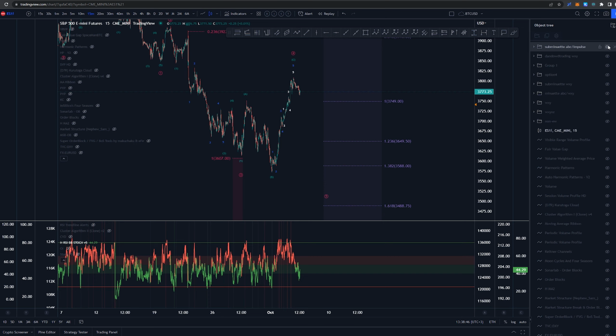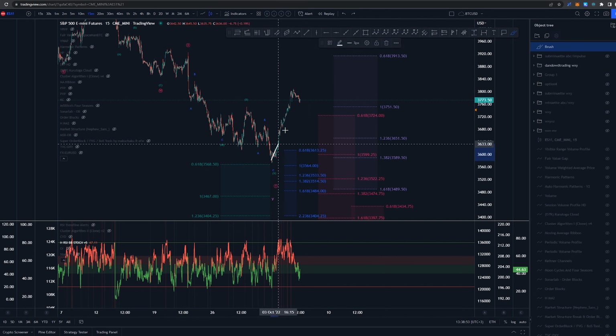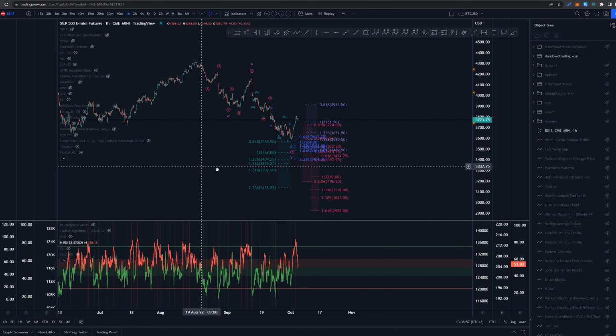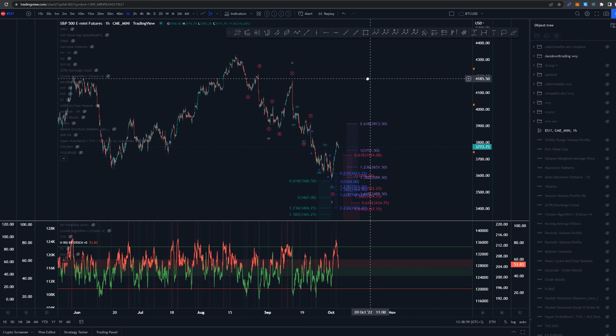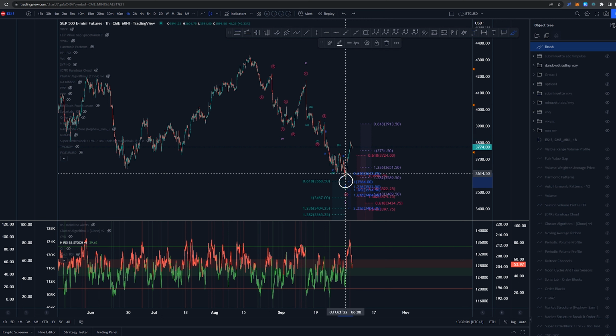What else? We had the other count, which was saying that we ended down here, and now we would be expecting a move to the higher side. With this count in mind, the overall higher time frame count was that we had this as a three-way structure that would indeed end at these lows.